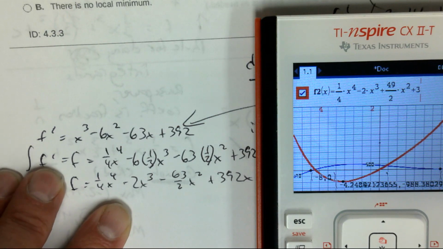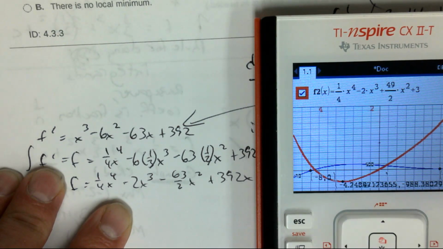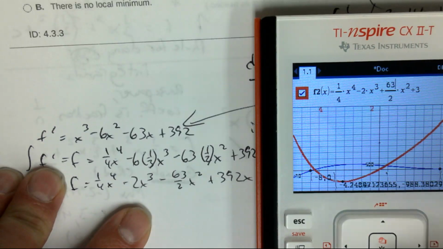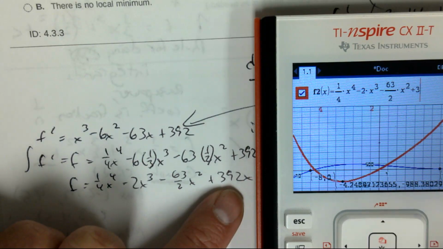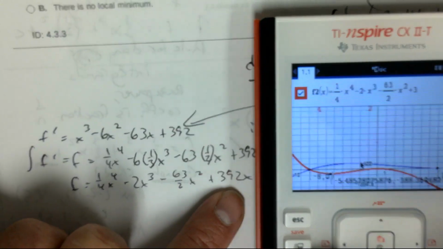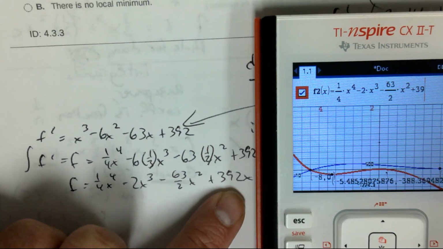So I just had a couple of terms wrong, one term wrong, it looks like. This is 63, and this is a minus. And this was still okay. 392x.